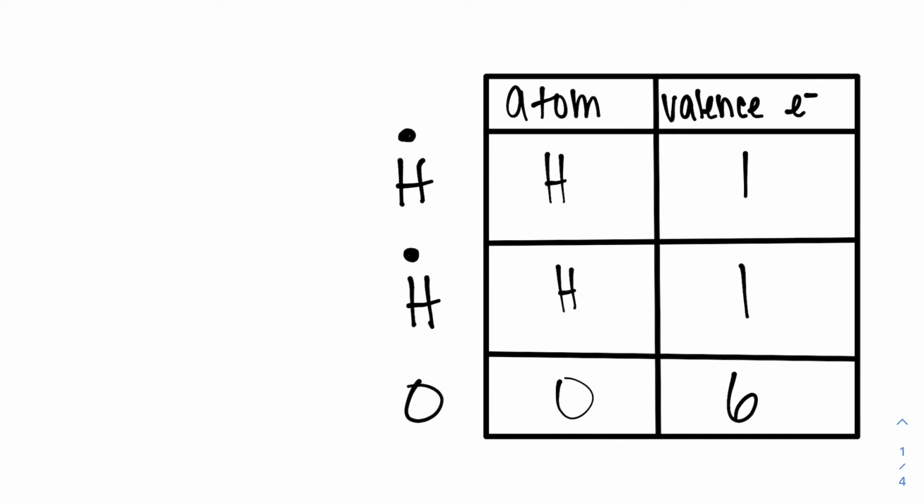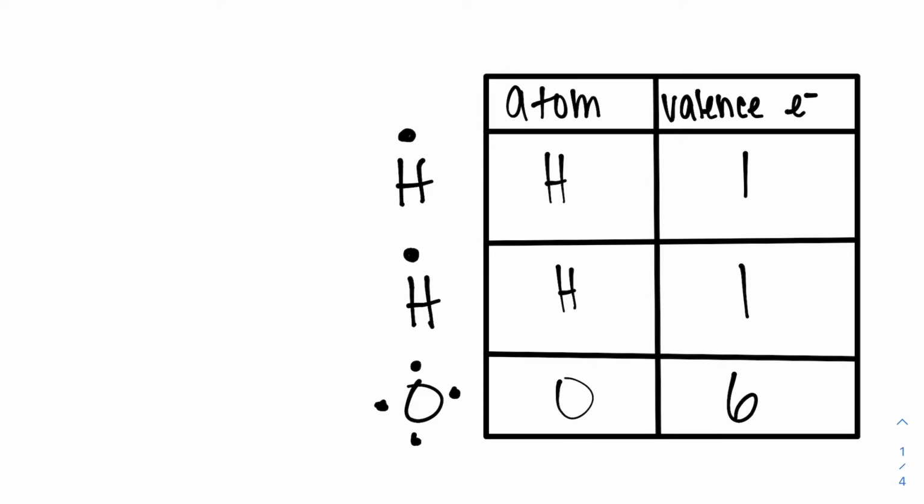Oxygen has 6 electrons. And the way that we represent this is we kind of think of this atom as having 4 sides. So if you think of it as in a box, and each side of that box holds 2 electrons. So we're going to try to fill up each side of the box one at a time, and then add 2 wherever possible. So we want to make sure that every side has 1 electron before we begin to add 2 to any side.